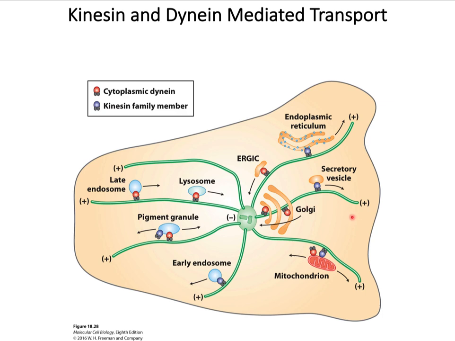You can see the secretory vesicles that are associated with kinesin moving towards the plus end, which is the periphery of the cells. And there are even some organelles that are associated with both motor proteins. For example, the mitochondria is associated with both a kinesin and a dynein, and it can move in either direction along the microtubule. So you can see that the cells can regulate vesicle trafficking, and it can organize all of the organelles within the cell.